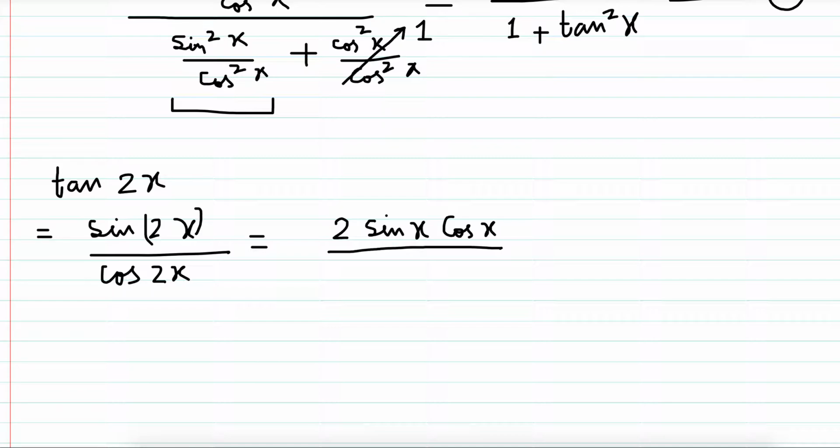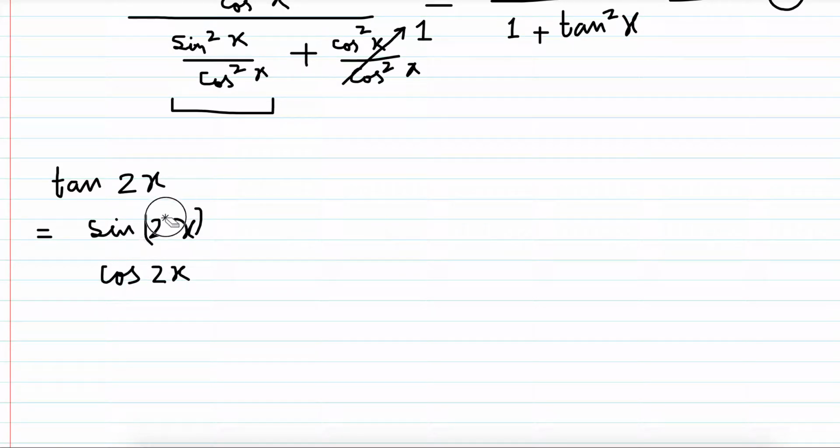Or we can directly use our formula for tan x plus y. We know that tan of x plus y is tan x plus tan y divided by 1 minus tan x tan y.